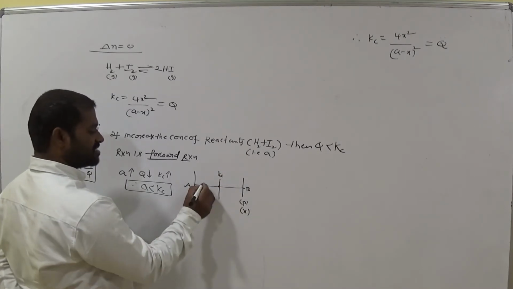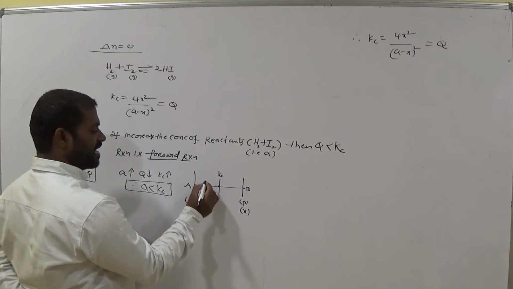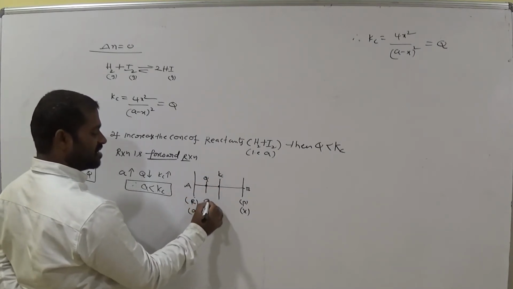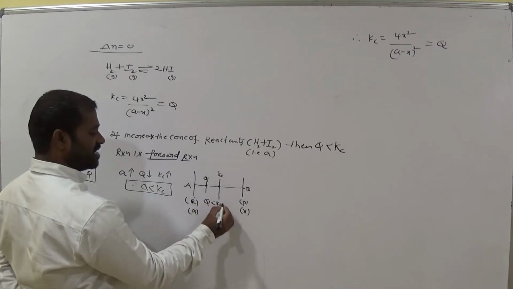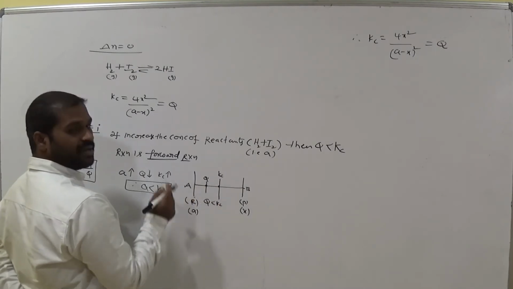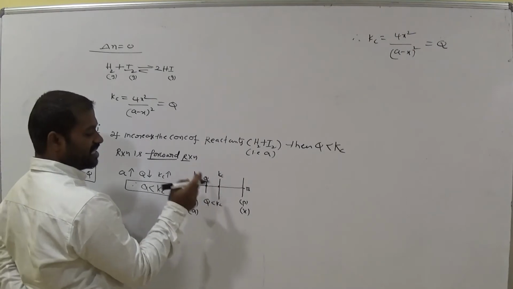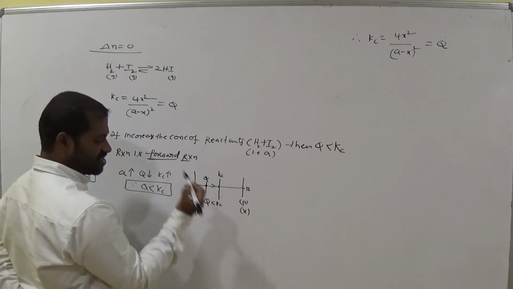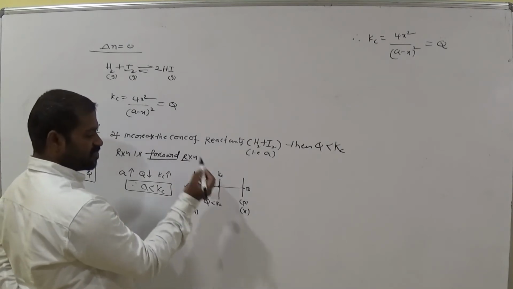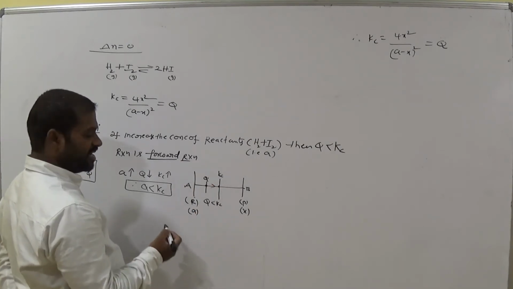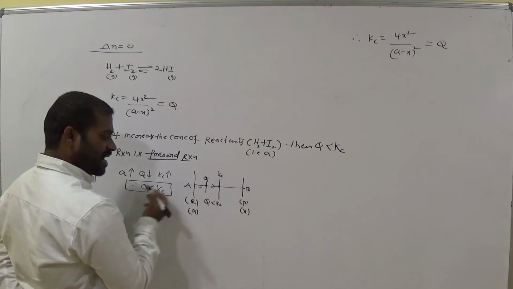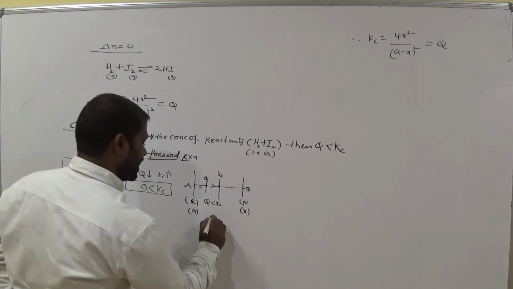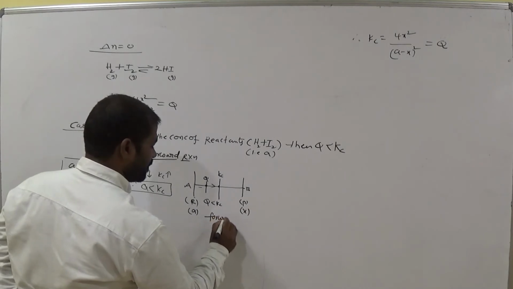Now Q less than Kc means the point of Q on this line is at this point, am I right? Where Q is less than Kc, or not? Now Q tries to get stability. When it approaches this equilibrium point, it gets stability. That means Q tries to approach this point at Kc. So is it the forward or backward direction? Clearly the forward direction. Okay, so clearly it is forward.